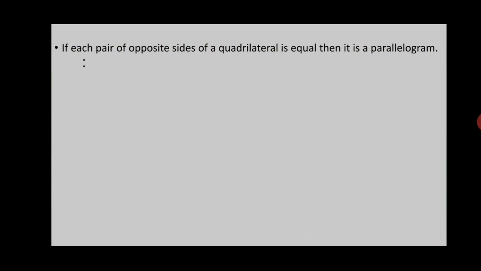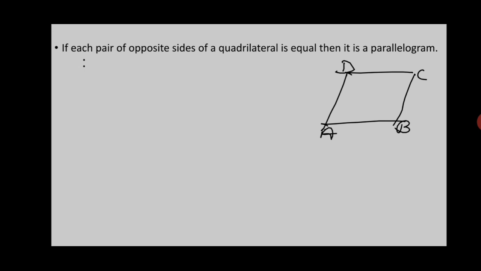Now let us move to one more property. If each pair of opposite sides of a quadrilateral is equal, then it is a parallelogram. This is what? It is the converse of the previous statement. Let it be a quadrilateral ABCD. Here what is given? Opposite sides of a quadrilateral are equal, then it is a parallelogram.